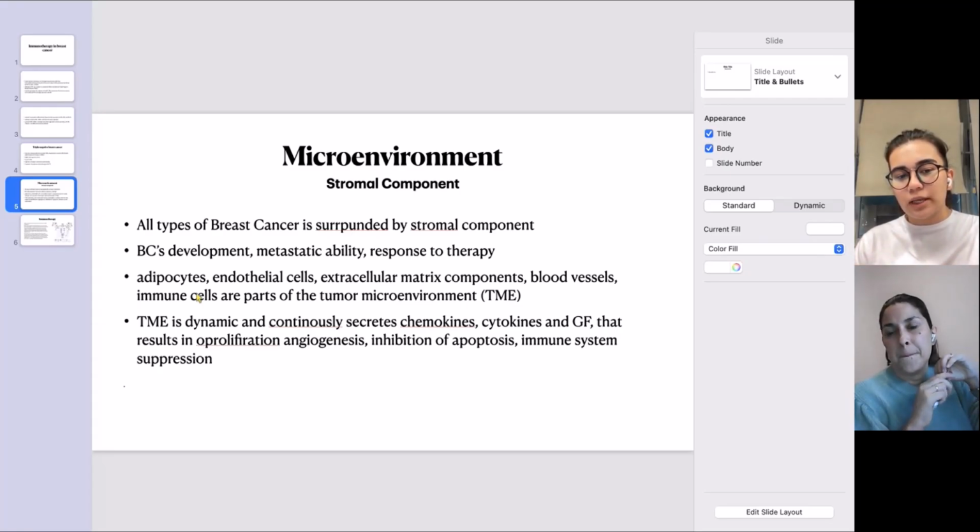For example, adipocytes, endothelial cells, extracellular matrix components, blood vessels, and immune cells are part of the tumor microenvironment. And this tumor microenvironment is highly dynamic because it continuously secretes chemokines, cytokines, and growth factors that result in the proliferation of tumor cells, inhibition of apoptosis, and immune system suppression, which is the perfect ideal condition for tumor progression.